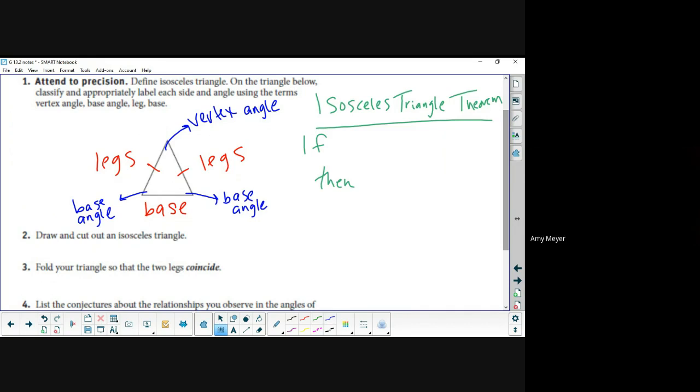If the triangle is isosceles, comma, then base angles are congruent.